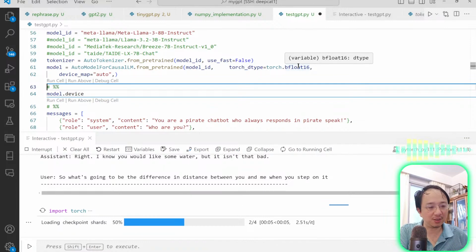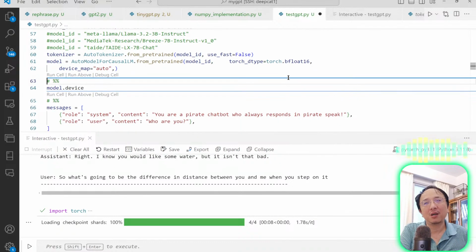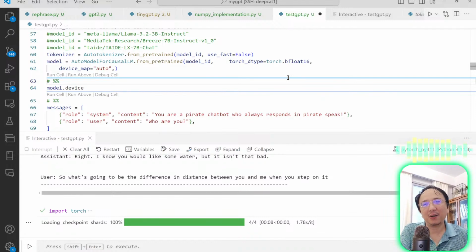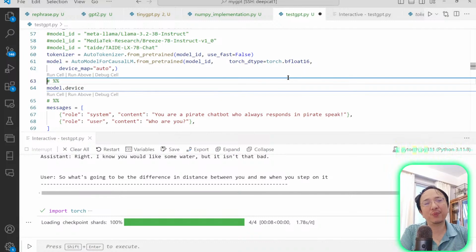We are using a dtype of bfloat16, which I checked in the Hugging Face repo. There will be some choice between the dtypes. Most of the time you're going to use float16 or bfloat16. They are not compatible, but some modern models, especially the Llama models, use bfloat16, because they are already tuned for or cast to bfloat16.